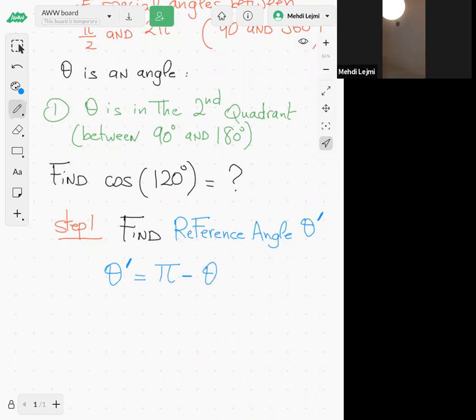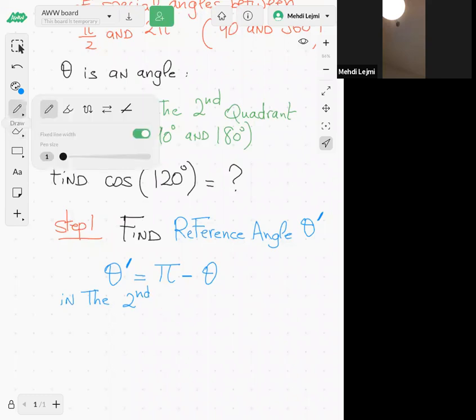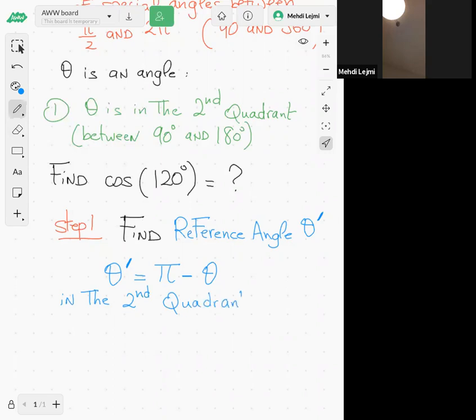So when we are in the second quadrant, for example here, my angle theta is 120 degrees, right?